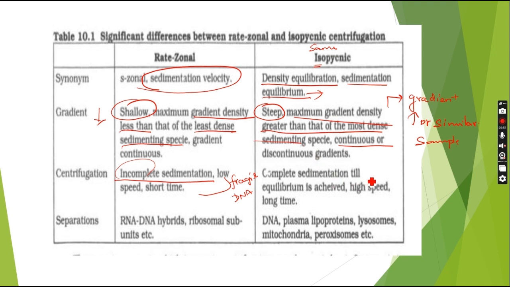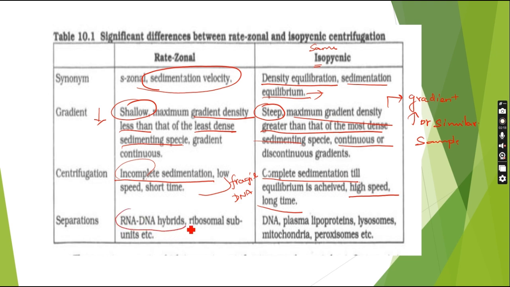But in the case of isopycnic, where there is fluctuation in the density, a higher density gradient is also possible. So complete sedimentation is possible because of the forces applied, like the centrifugal field and the high density cushion force. So it takes place at high speed and long time.